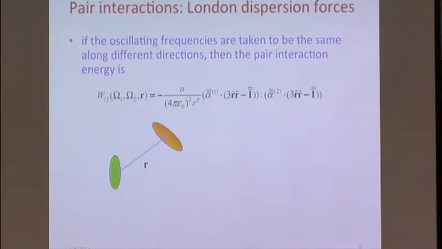Notice that the two alphas have the orientations of the molecules embedded into these two tensors, and the energy is proportional to 1 over r to the 6, which means if the molecules are far apart, the interaction energy can be ignored.